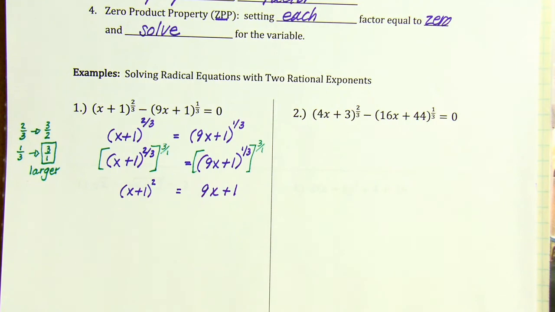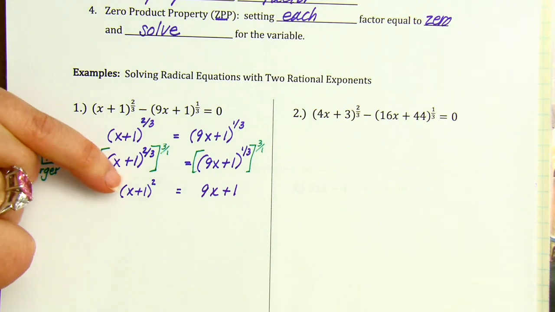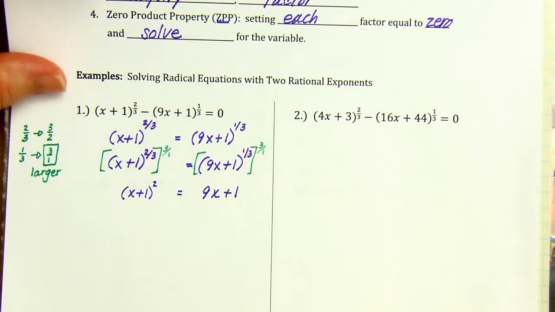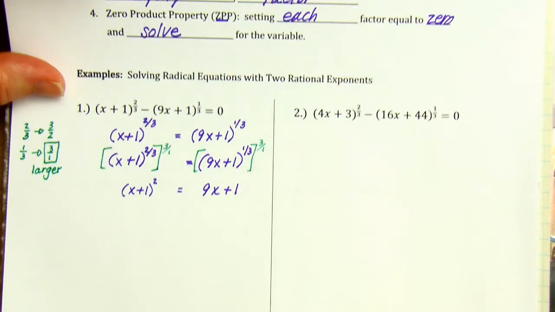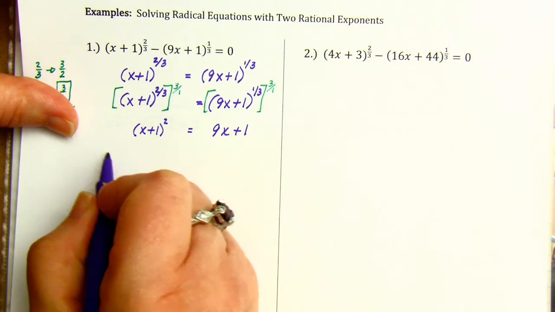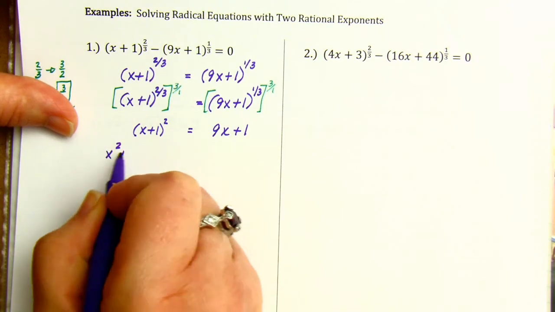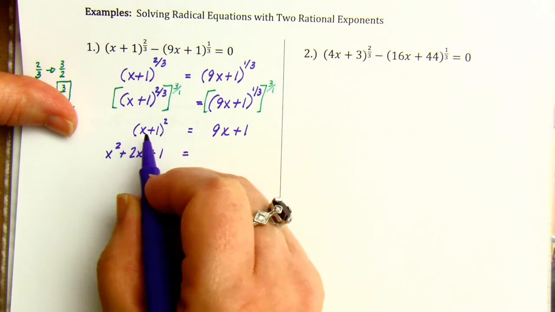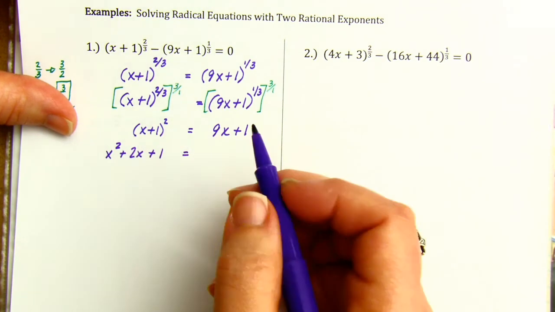Now, if you look here, this x is in grouping symbols. We have to get it out, which means we have to square that binomial, or FOIL and do x plus 1 times itself, x plus 1, which is going to be x squared plus 2x plus 1.